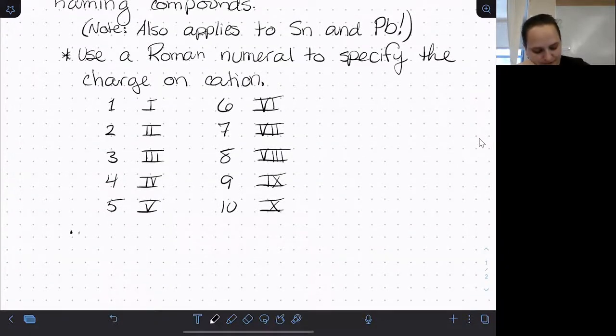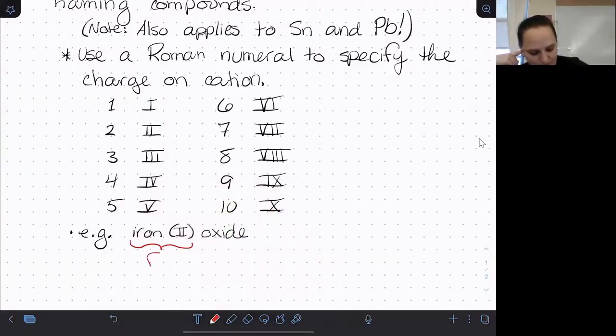So for instance, if I wanted you to write the formula for a specific version of iron oxide, I might ask you for iron 2 oxide. So what this is telling you, this Roman numeral 2, is telling you that it is Fe2+.